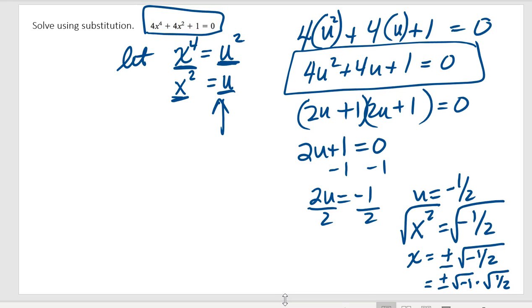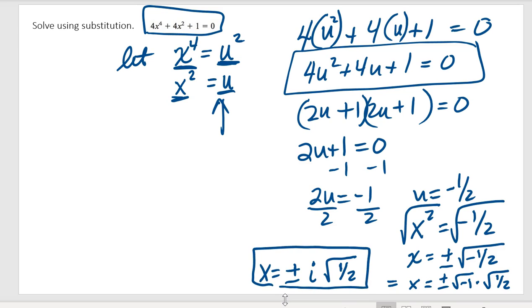And I could do that because I know that the square root of negative 1 is i. Let me write that over here. So that's going to be plus or minus i times the square root of 1/2. So x equals plus or minus i times the square root of 1/2.